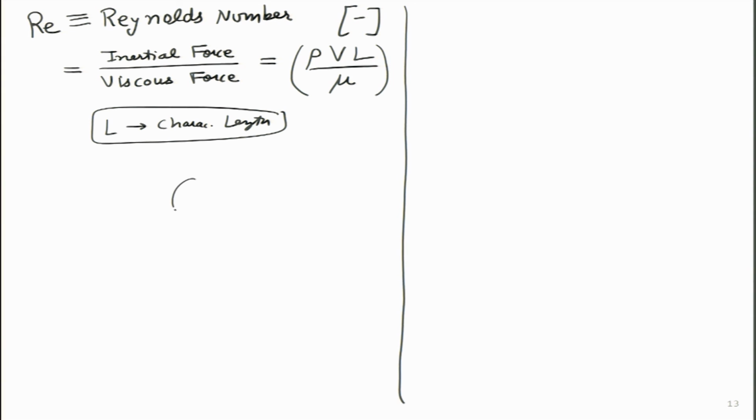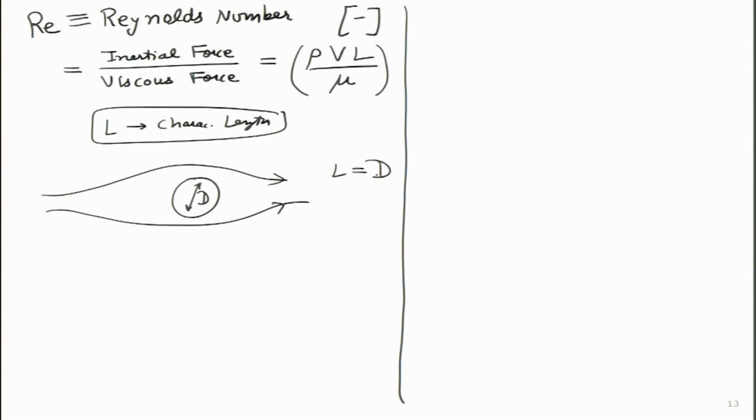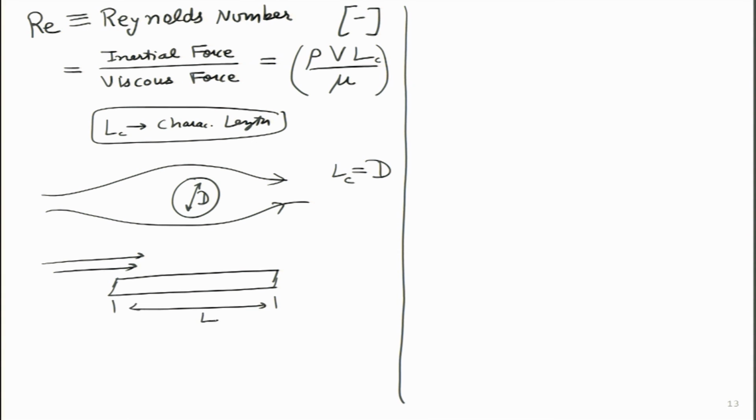If we are concentrating on flow across a cylinder or a sphere, then that characteristic length is the diameter. So, I can put an Lc over here, that is the characteristic length. If I am interested in flow taking place over a flat plate, then my characteristic length is this length L.